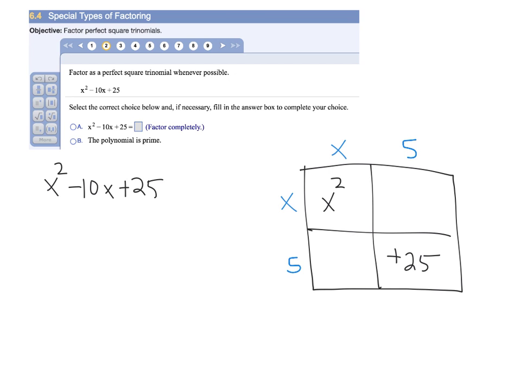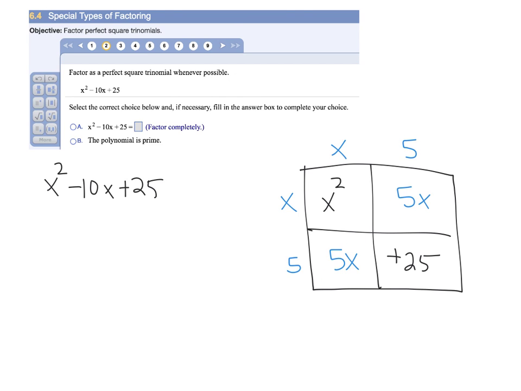And really right now we're kind of ignoring the signs. So now we're going to multiply to get our two internal terms. So you get 5x here and 5x here. But now here's the thing. We need these guys to combine to equal negative 10x. So how do we get negative 10x?